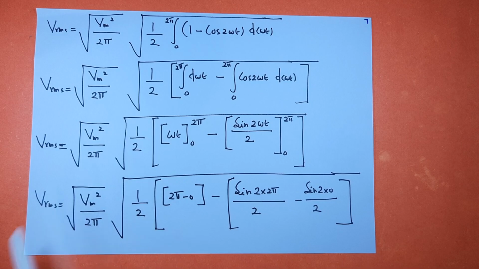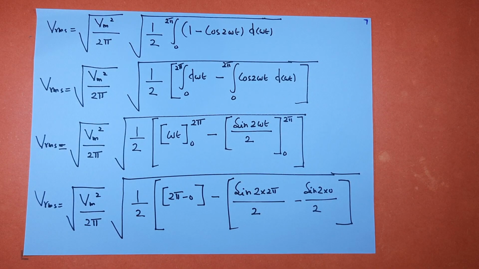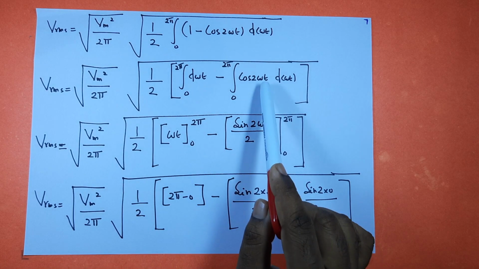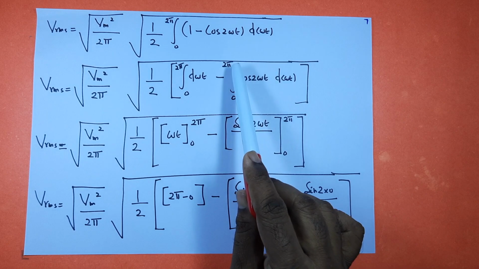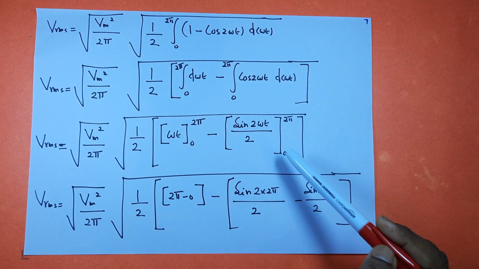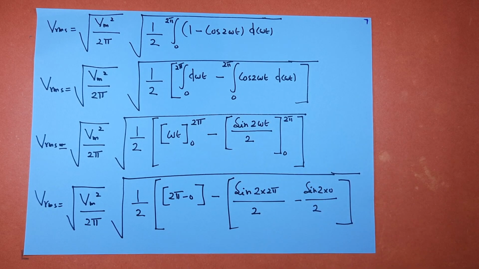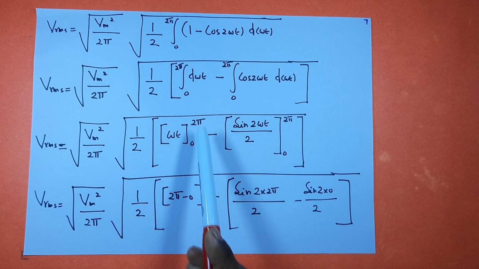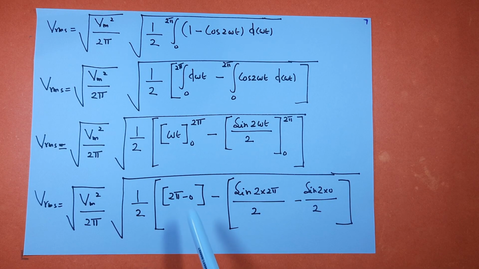Now you integrate this. If you integrate d omega t, you get omega t with the limit 0 to 2 pi. And then cos 2 omega t, if you integrate, you get sin 2 omega t divided by 2, 0 to 2 pi. So Vrms equal to square root of Vm square divided by 2 pi square root of 1 by 2, apply the upper limit 2 pi, apply the lower limit minus 0.